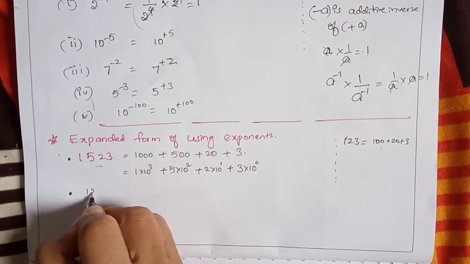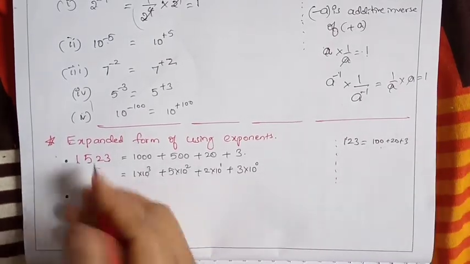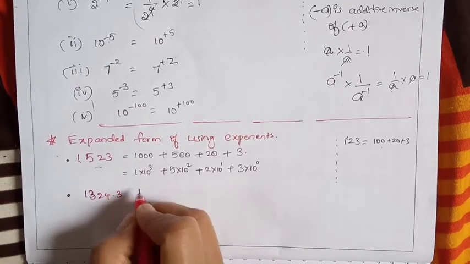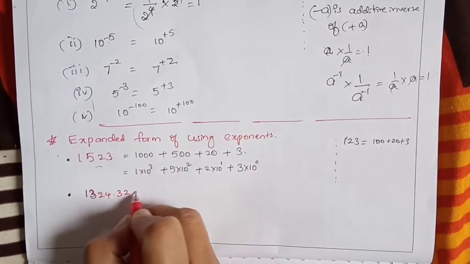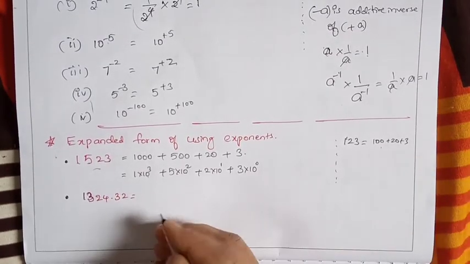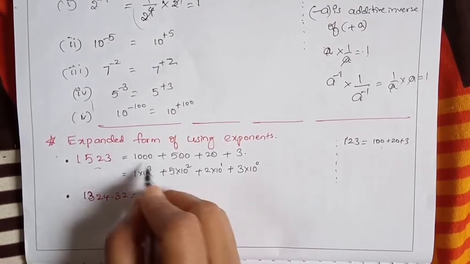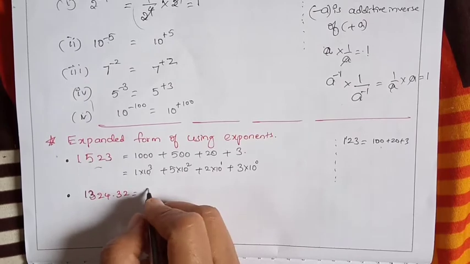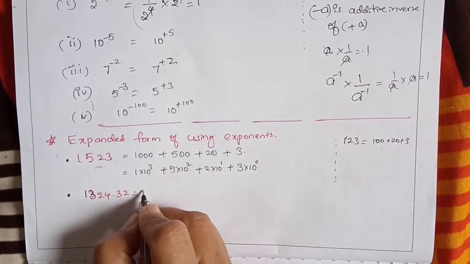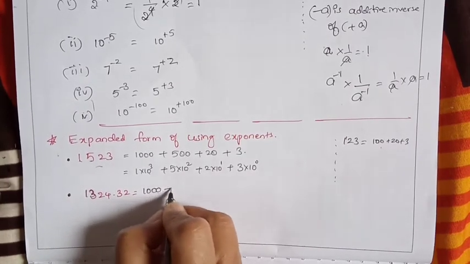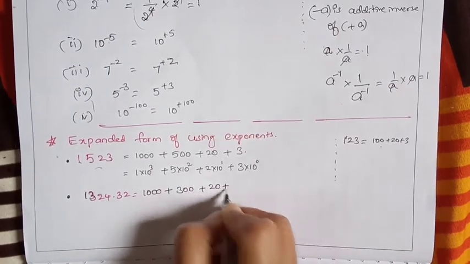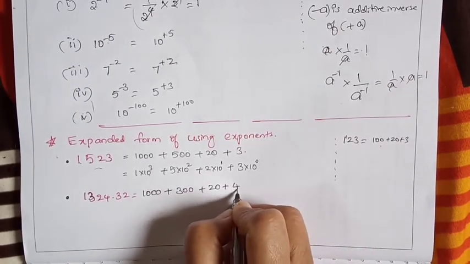Suppose 1324.32. This I will expand now. I would like to expand first in the usual way. 1000 plus 300 plus 20 plus 4.